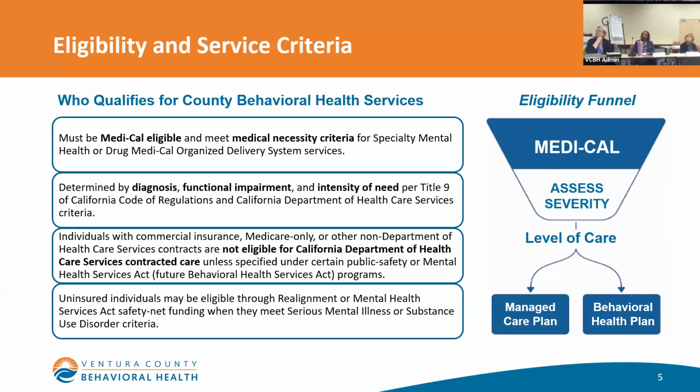And then level of care, as I mentioned, the next page covers what tools we're gonna use to assess the level of care. But here it's really focusing on, once we verify that they have Medi-Cal as an insurance, they still need to be funneled and screened, whether they are managed care plan, which is mild to moderate, or our behavioral health plan, which is moderate to severe.